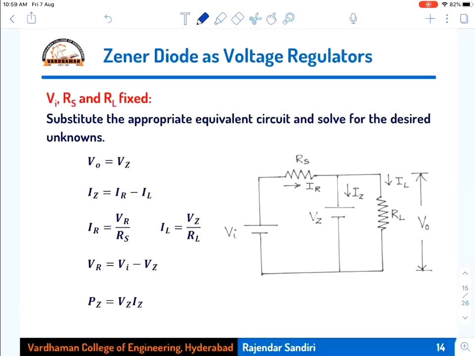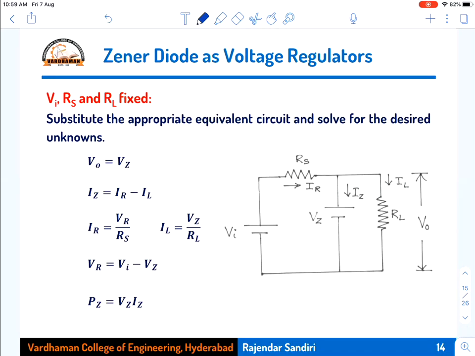Once you have calculated whether it is on or off, if it is off, then it is no more a Zener diode voltage regulator. Simply, Iz will be 0 and power Pz will be 0. Then you only get the voltage across RL and across Rs and other parameters, which is of no use.